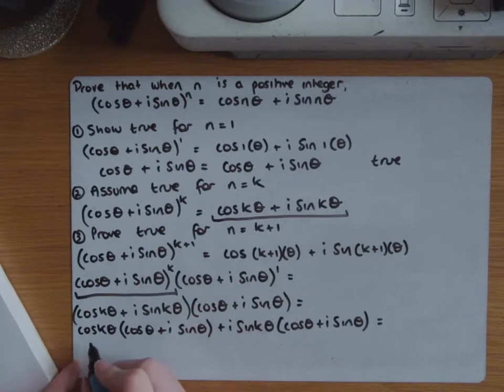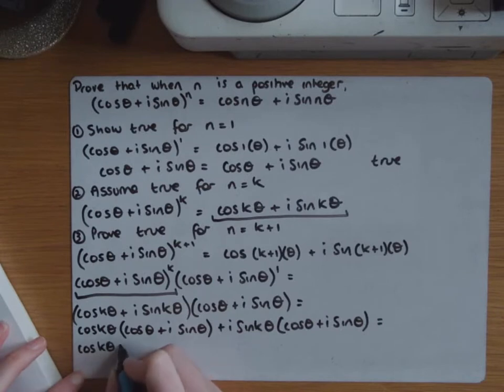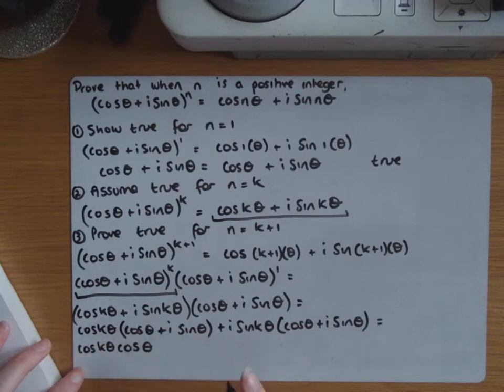Okay, so what we have now is cos k theta by cos theta. Let's just write that. Cos k theta cos theta. Then we have cos k theta by I times sine theta. So plus I cos k theta sine theta.